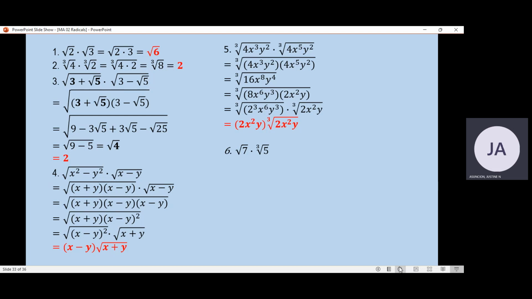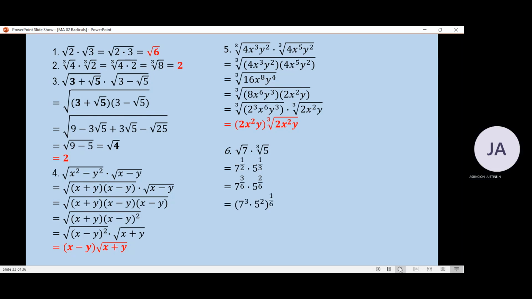In this case, we apply the fractional exponent, which is 7 raised to 1 half times 5 raised to 1 third. We use the LCD here, which is 6. So we can express 1 half as 3 over 6 and 1 third as 2 over 6. As you can see, we now have the same index, which is 6.